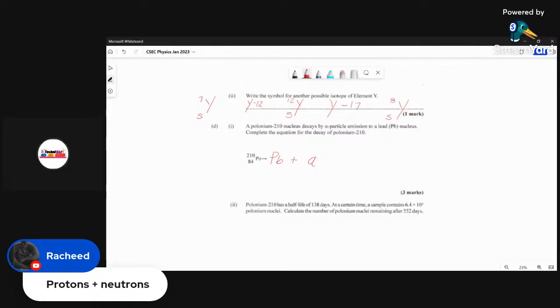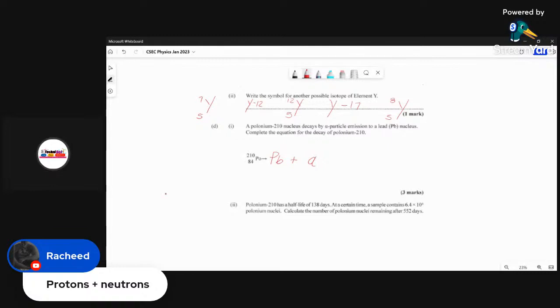Beautiful. Here, the mass number is 4. The N there would be representing the number of neutrons. So mass number is 4, but proton number is 2, so the number of neutrons would actually be 2.